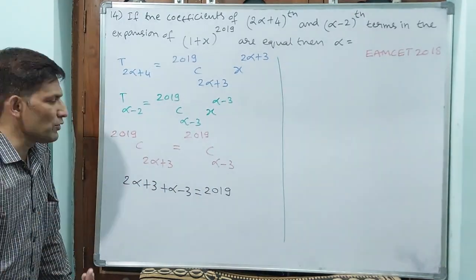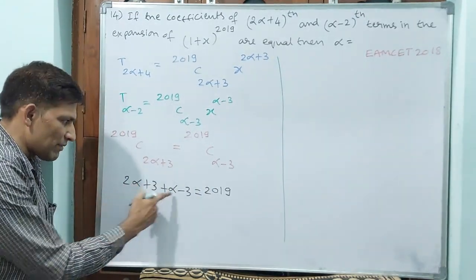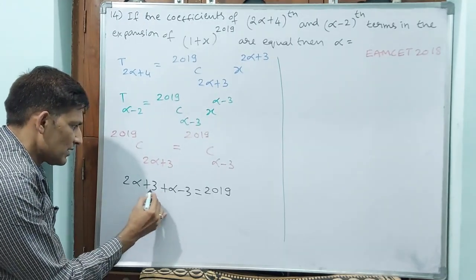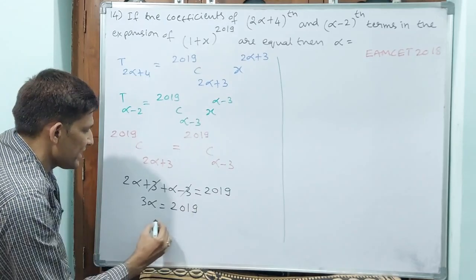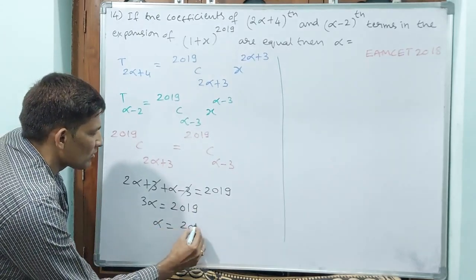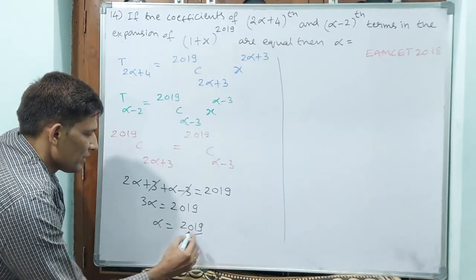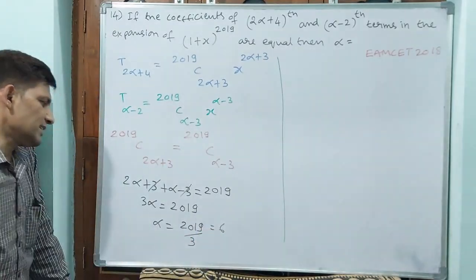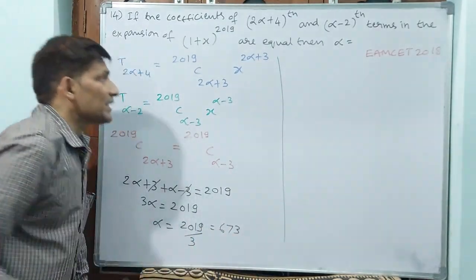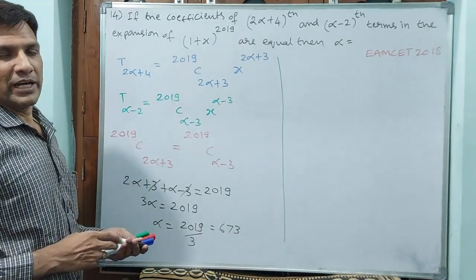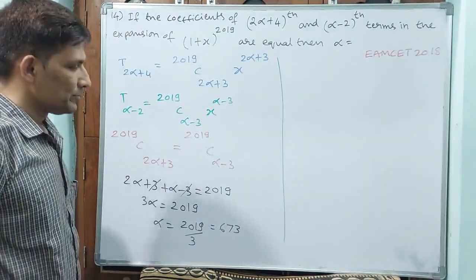This property we know. Now you see, the +3 and −3 get cancelled. 3α is equal to 2019, then α is equal to 2019 by 3. 3 6s are 18, 21, 3 7s are 21, and 3 3s are 9. 673 is your answer.